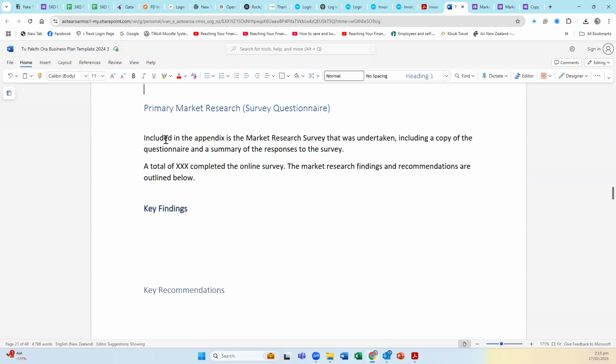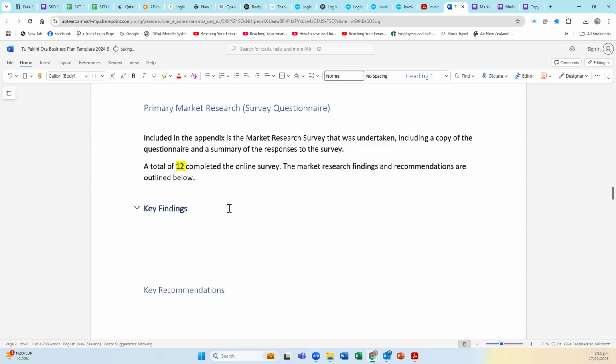And so what I'd normally do is just start off saying, well, include it in the appendix, because in the appendix we can print off the graphs, we can print off the responses and use it as evidence to validate the information that you're going to supply in your market research. So I would just carry on, leave that in here, and just say like a total of, so this is where you've got to outline how many has actually completed the survey. So in this case, it's 12, but we want to get 30.